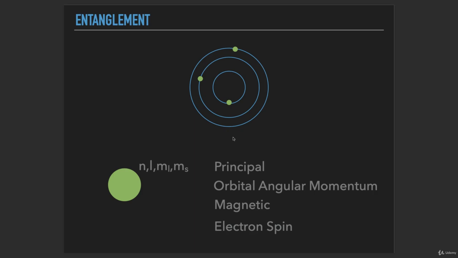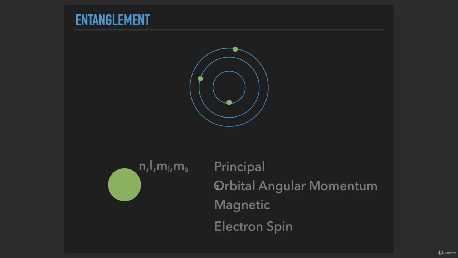We can try to determine their location by looking at some kind of measures or coordinates. So it happens that there are four different values that we can look at when we try to determine the position of an electron. As you can see, these four numbers are here, and the first number is the principal number.